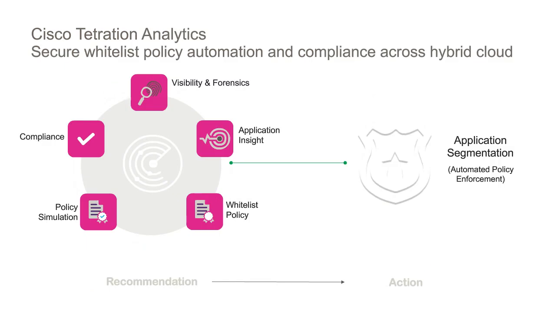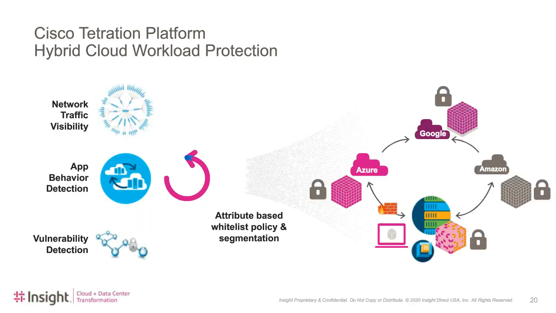And the visibility and forensics capabilities of Tetration provides you with a good looking glass from a security perspective. And of course, app behavior detection, vulnerability detection, capabilities built in to Tetration. Those are those value add applications that I think is what truly builds the value of that holistic workload protection that Tetration provides.